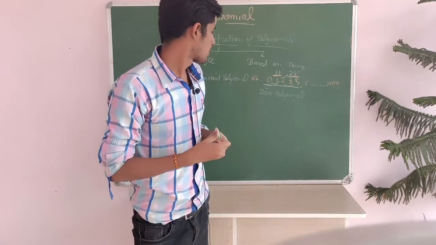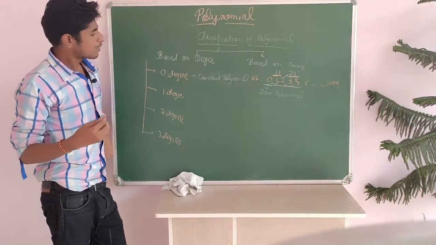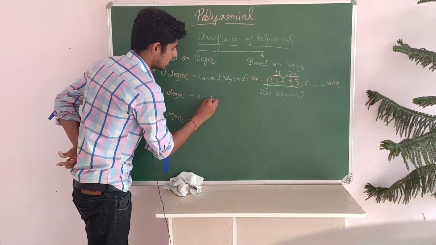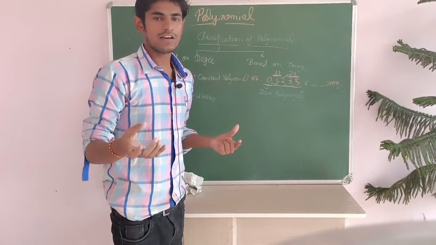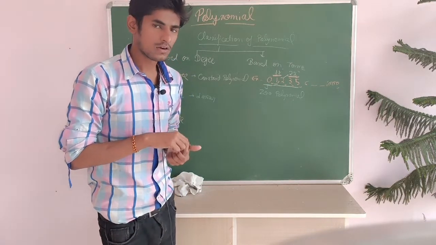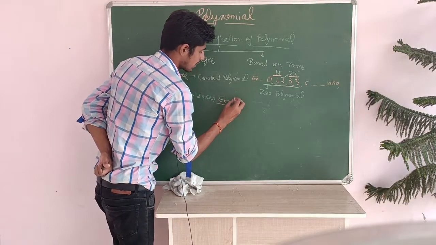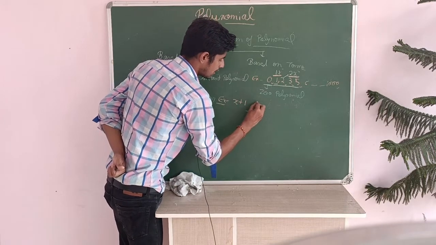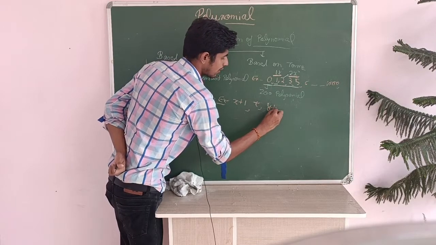Now come to degree 1. A polynomial of degree 1 is called a linear polynomial. We can take examples of linear polynomial as x plus 1, t, and y plus 7.